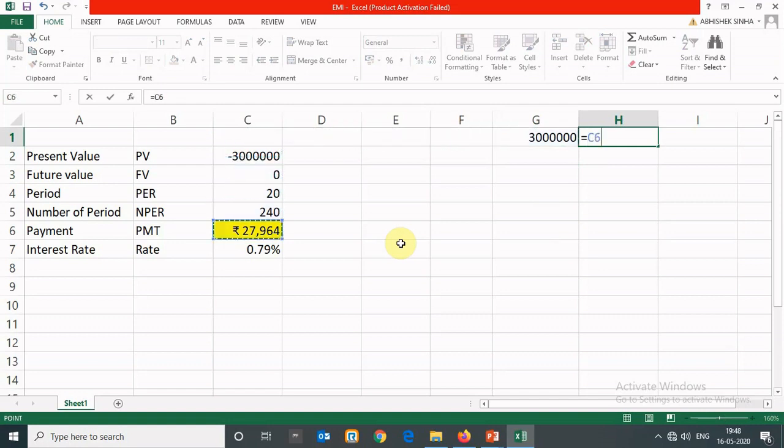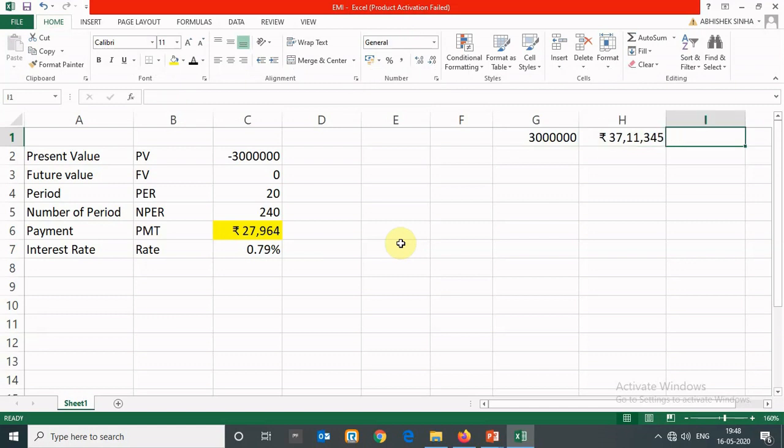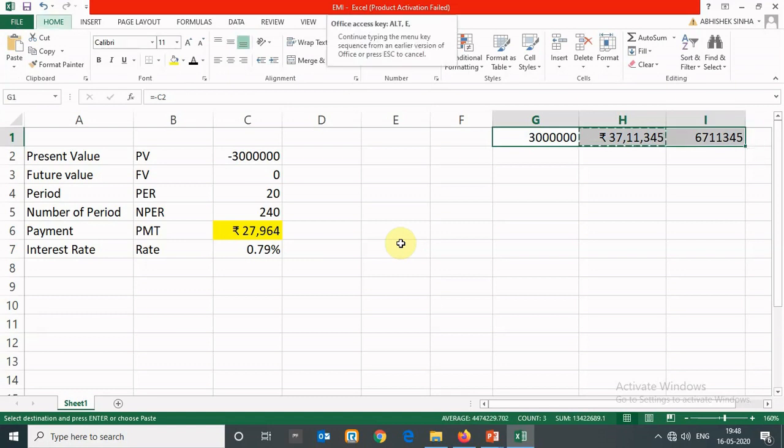It must be this multiplied by 240 minus this. So the total amount will be 6711345, the total of these two. Some formatting issue.